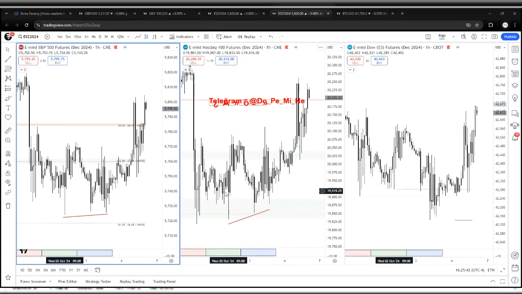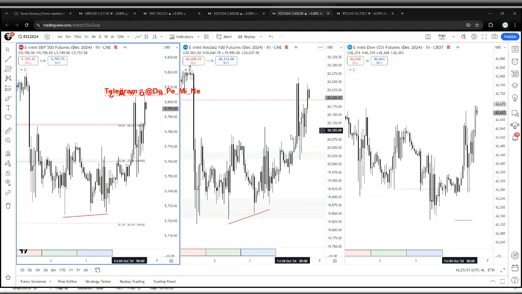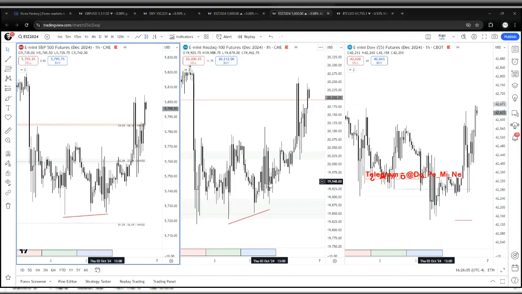And this usually happens within these conditions. It's clear to note that whenever we have price like this before Fridays, it's easy to know that price will continue within, or trade within, the weekly range, because that's typically what happens.